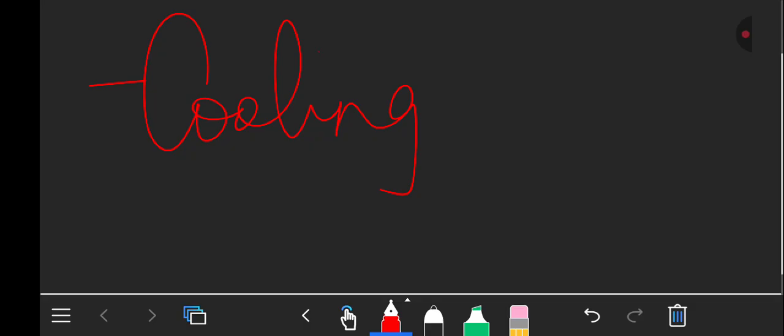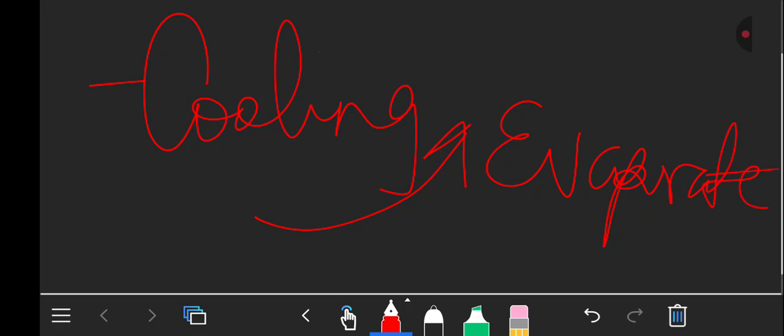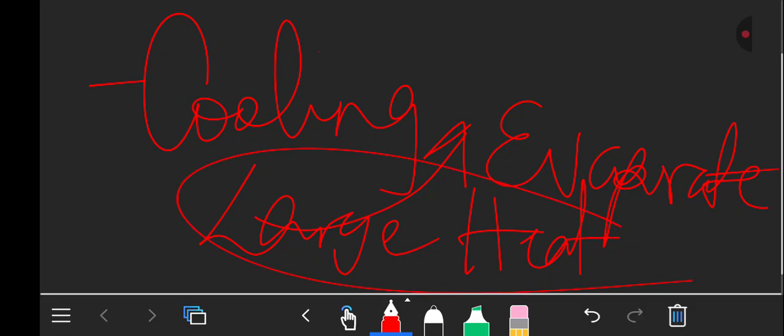Of course you have sweat, but because water has a high latent heat of vaporization, when those high-energy molecules of water in the sweat evaporate, they carry a large amount of heat and leave your body cool.